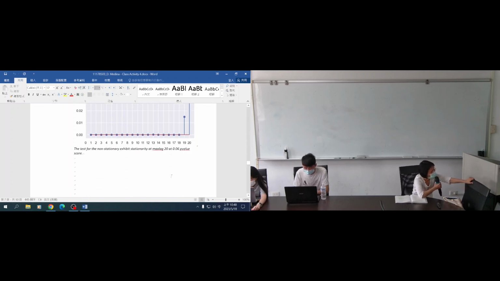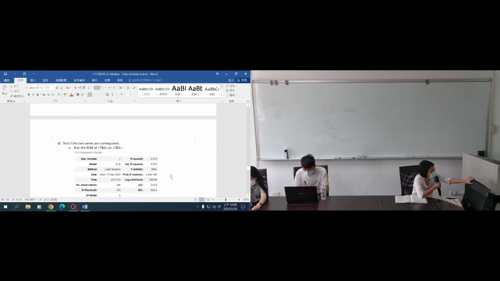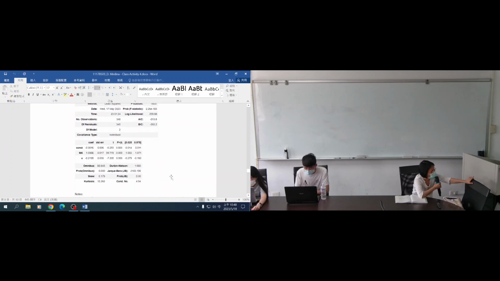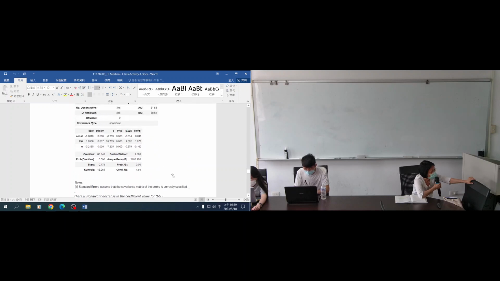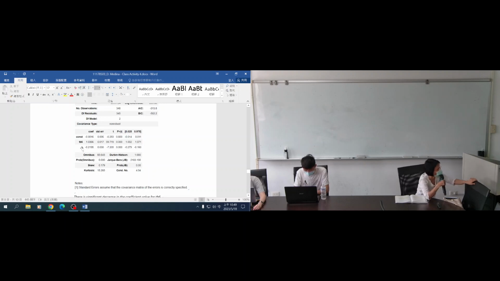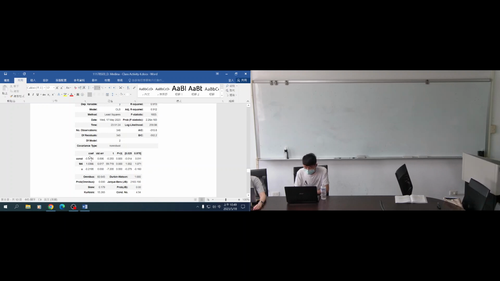Then this one is a test for co-integration. I did the difference here. What is this? The difference, Professor. I forgot to change the name here.